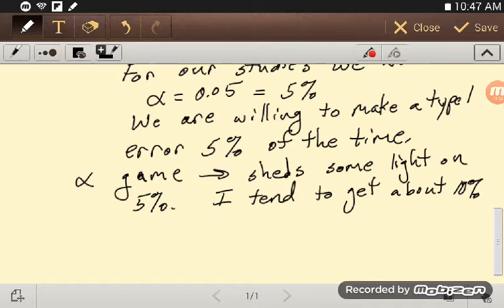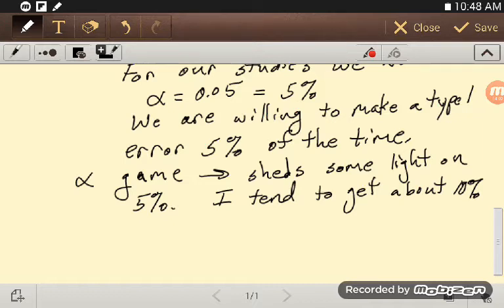So that would say I'm setting alpha probably somewhere around 10%. But in that way, 5% sounds maybe even better, sounds more likely to not make that type 1 error, right? If you go with 5% instead of 10%, oh, you're making a type 1 error half as much.